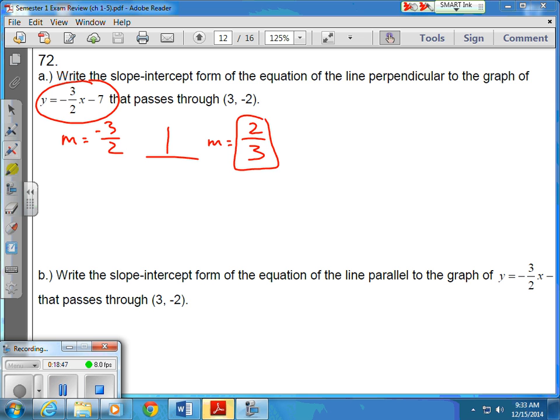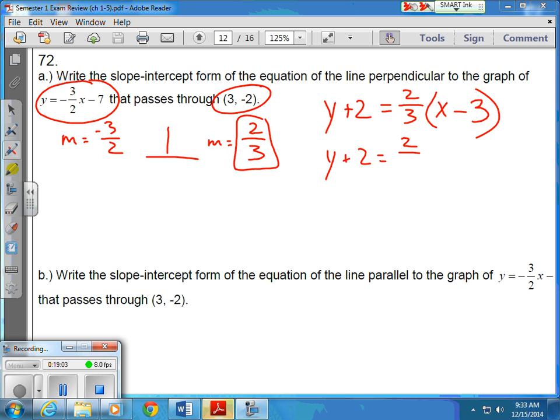So it needs to have this slope, and it needs to go through that point, using point slope form, y minus negative 2, y plus 2, equals m times x minus x1. This would be y plus 2 is equal to 2/3 x minus 2 times 3 is 6, divided by 3 is 3, right? No, 2.